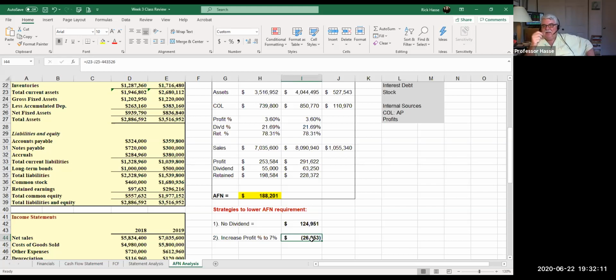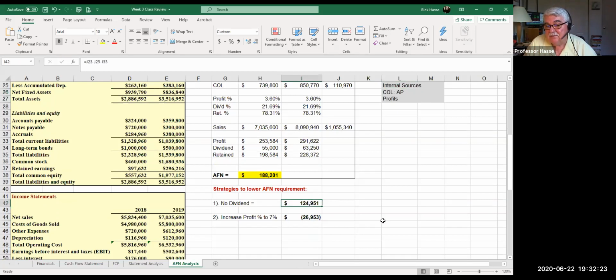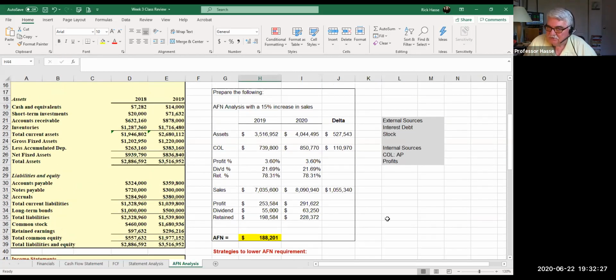So they can keep the stock price growing. They can pay their investors. They manage their finances to achieve this growth. And if internal sources can't come up with all the money, you don't pay a dividend, you increase your profit margins by cutting costs. That's a tall order, but that's what companies do. So that's the AFN model.